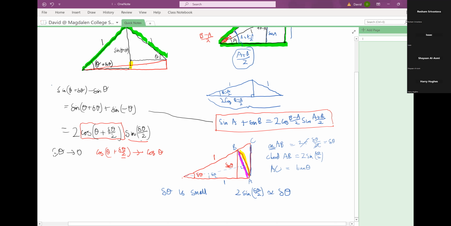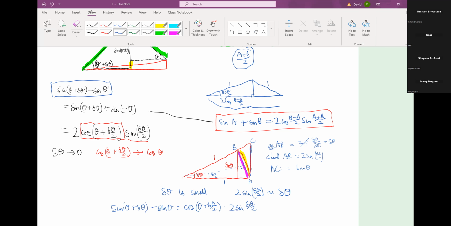But that is now really helpful in this exact expression that I've got for sine theta plus delta theta minus sine theta. Because I've got this exact expression, sine theta plus delta theta minus sine theta is cos theta plus delta theta over 2 times 2 sine delta theta over 2.